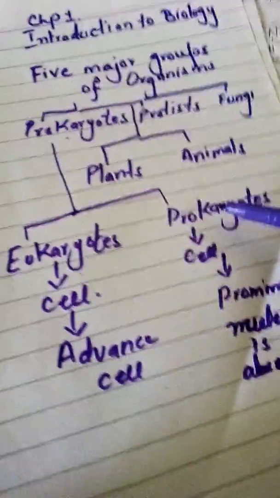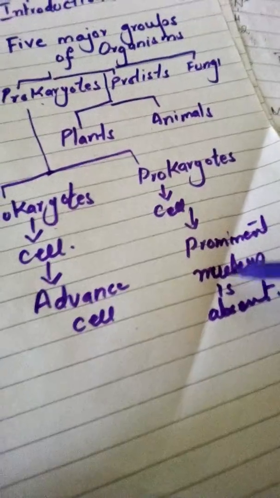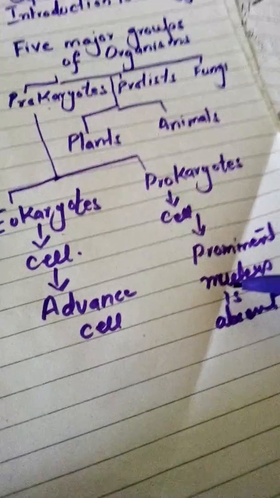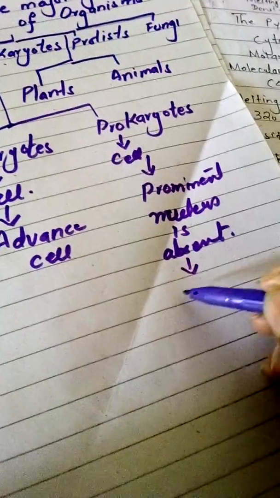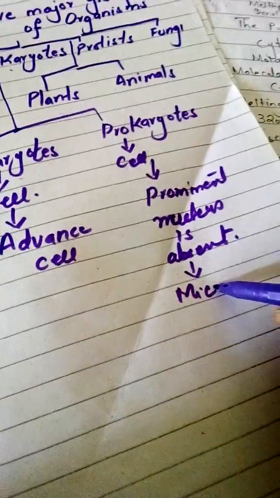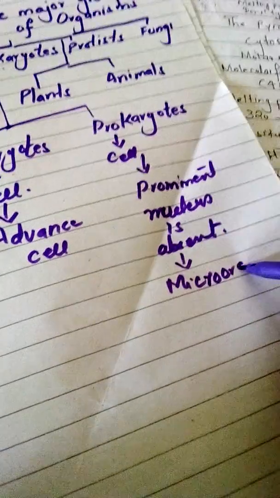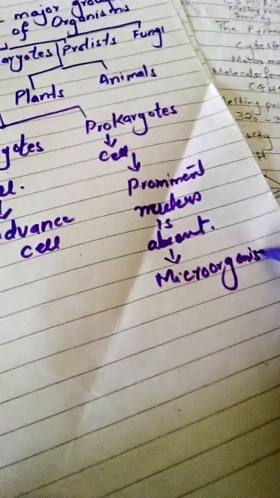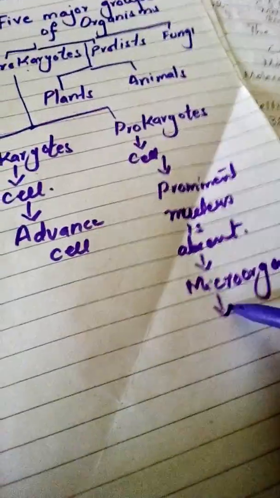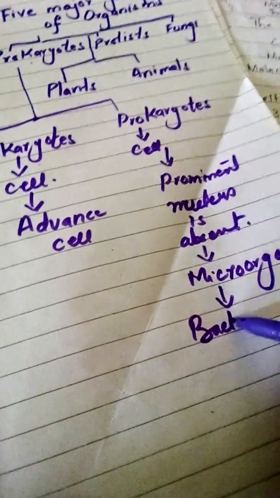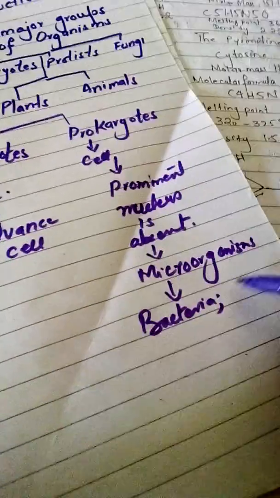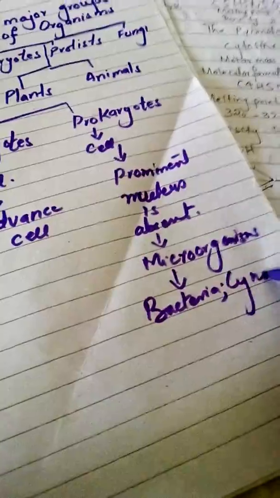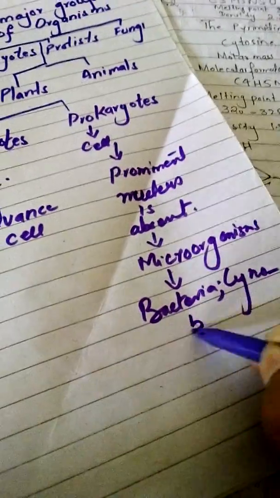But prokaryotes, where no prominent nucleus is present, are found in microorganisms like bacteria and cyanobacteria.